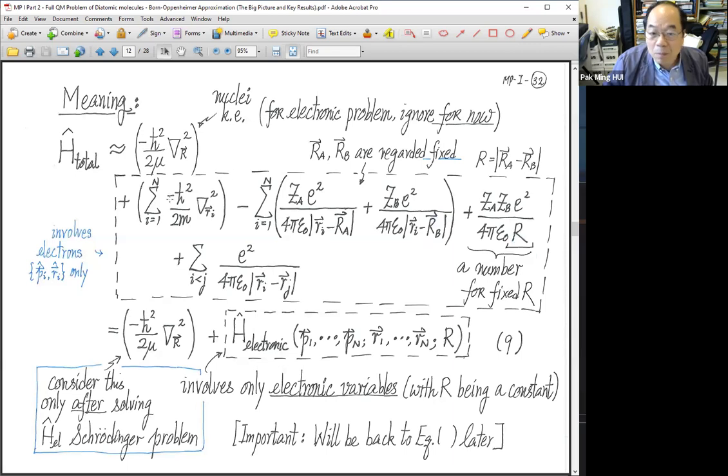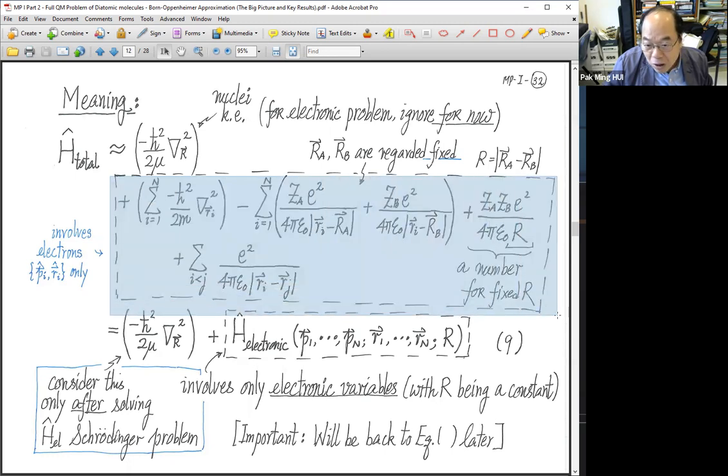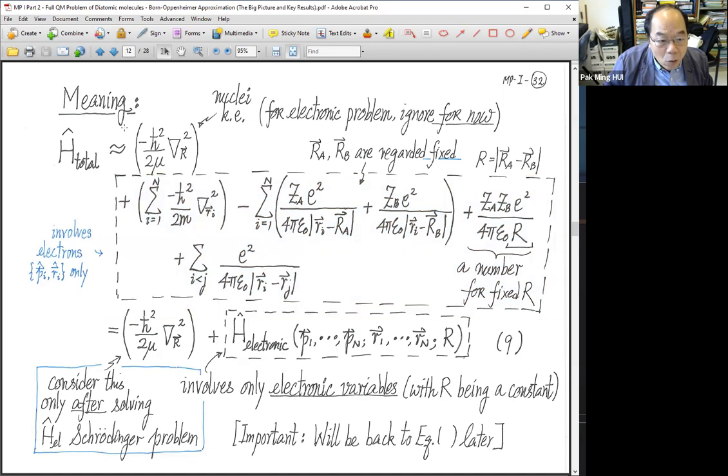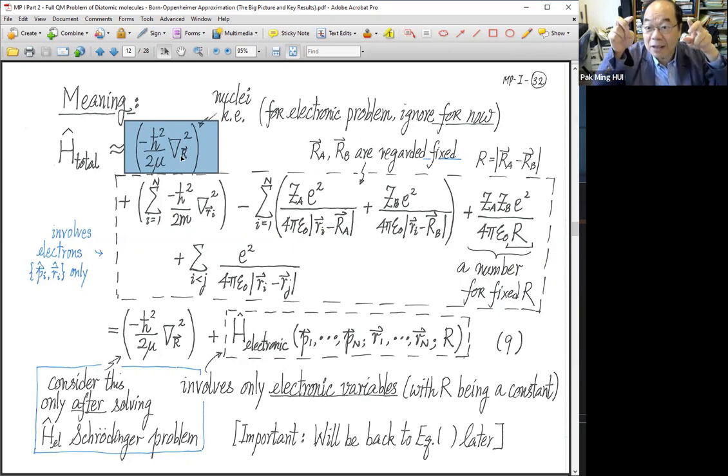And for the moment, when we focus on this electronic Hamiltonian, we ignore the kinetic energy of the nucleus. That is the mathematical way of saying, let's pretend the nucleus is fixed in position, thereby the separation is a parameter only.